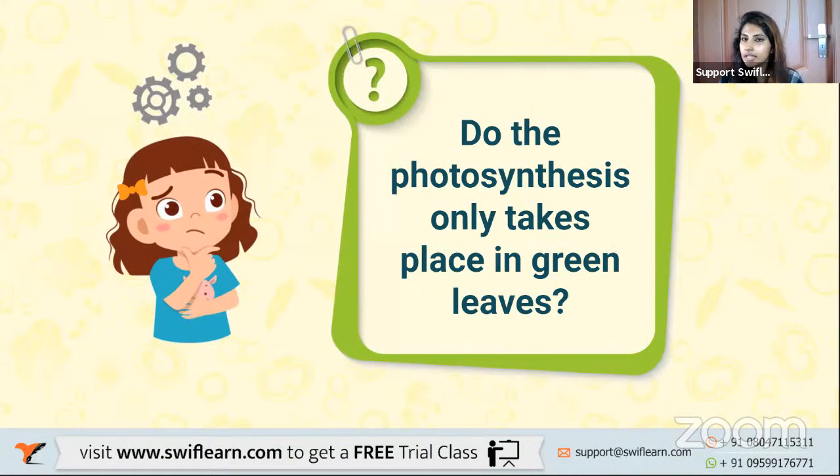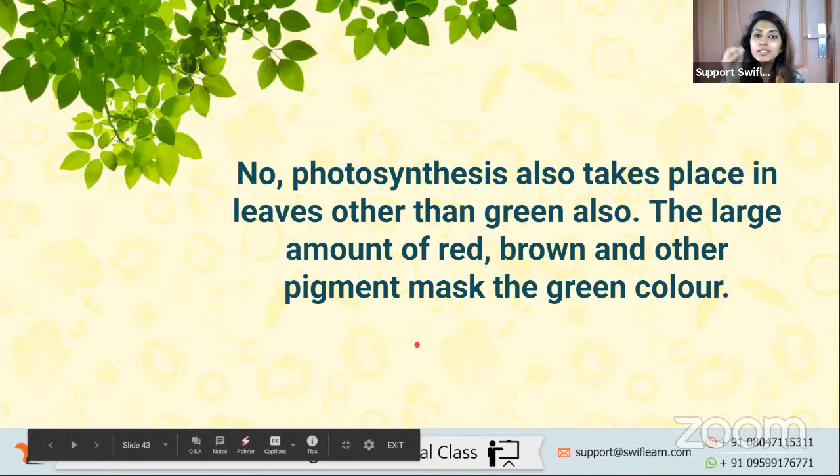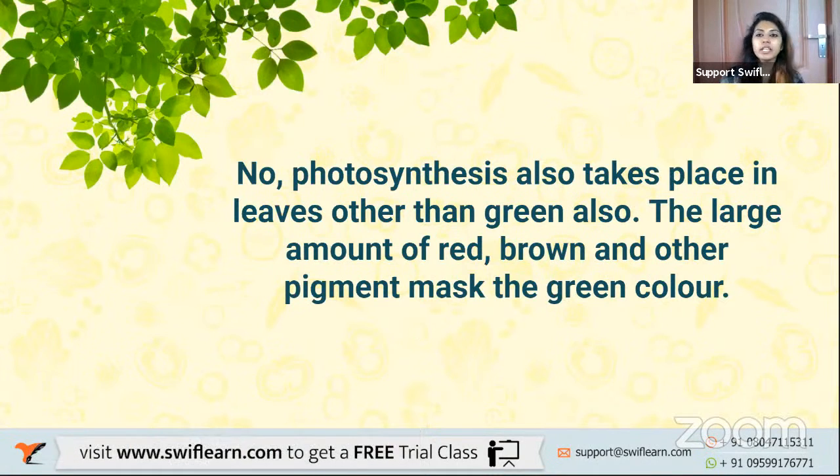So photosynthesis also takes place in leaves other than green leaves. Now, photosynthesis also takes place in other plants which are not green. It's just that the large amount of pigment will be red, brown, or yellow.